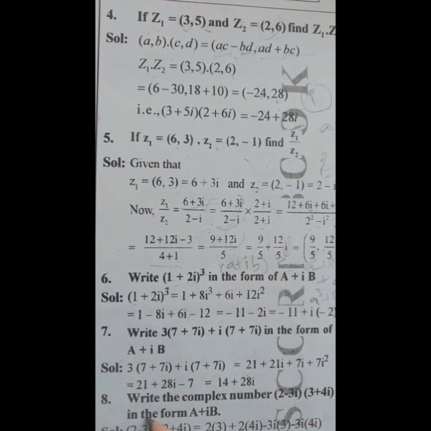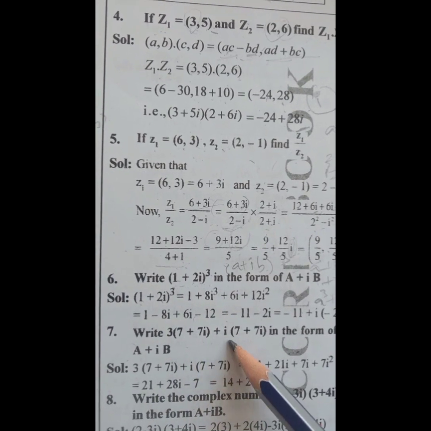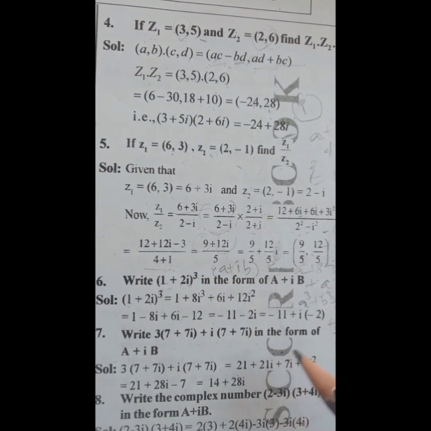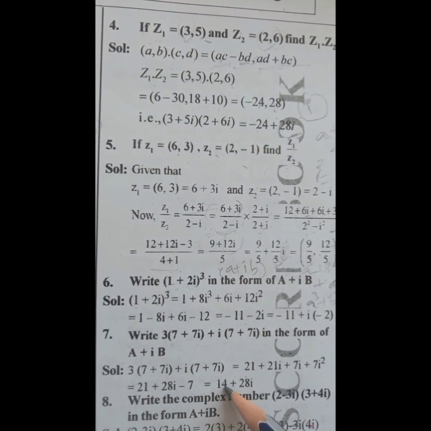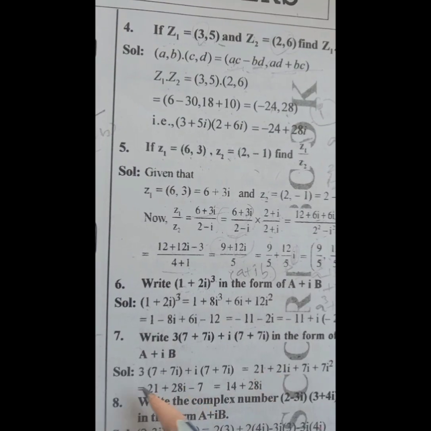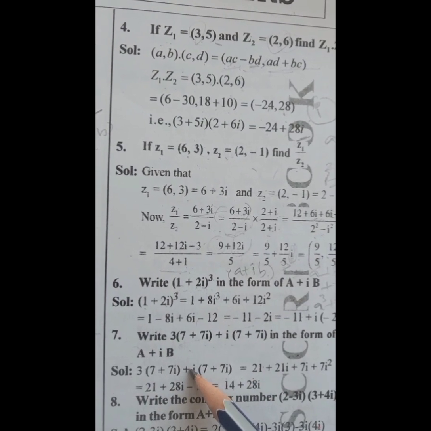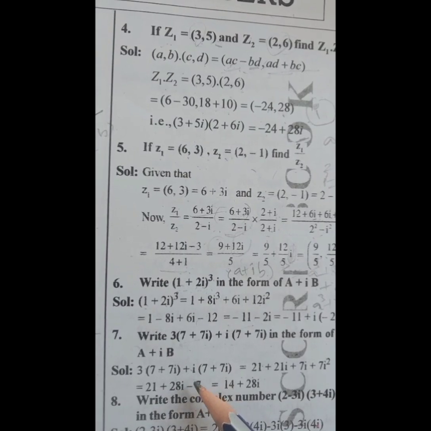This is another question. Write 3 into 7 plus 7i plus i into 7 plus 7i in the form of a plus ib. First we need to write the given equation as it is. Then we multiply: 3 into 7 is 21, plus 3 into 7i is 21i, plus 7 into i is 7i, plus 7i into i is 7i square.